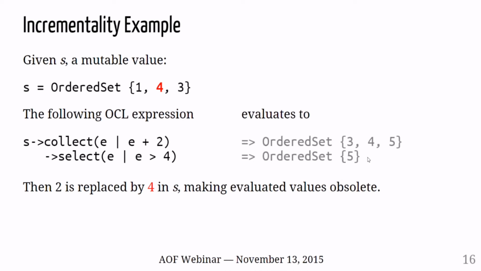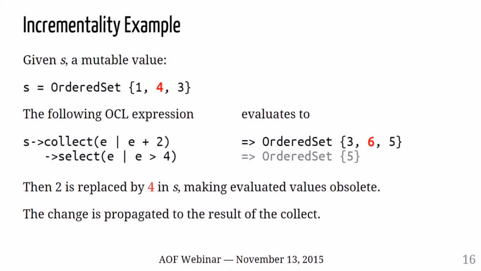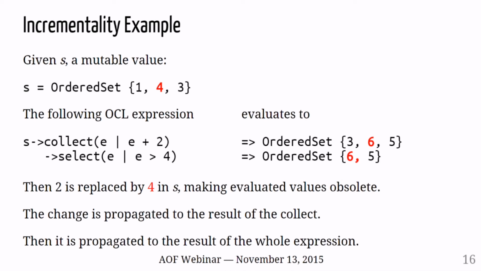What happens next is step-by-step propagation. The change is propagated to the result of the collect. So 4, sorry, which was 2 plus 2, is replaced by 6, which is 4 plus 2. And then the next step is propagation to the select, and the 6 is added before the 5.